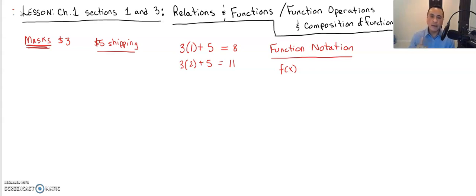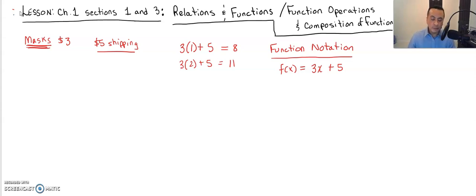So we'll write f parentheses x, which is read as f of x. The equation for the mask situation would be f of x equals 3 times the number of masks that you buy, that's your input value, plus $5 worth of shipping. That is your function notation for this situation.